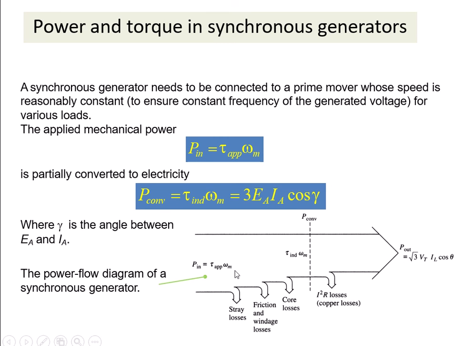Whatever power we input from the prime mover, because this is a generator, all these losses get subtracted from the input power, and at the end we get the electrical power, which is root 3 Vt IL cos theta, or VL IL cos theta. Vt is the terminal voltage.